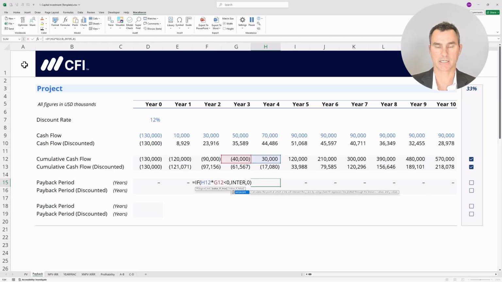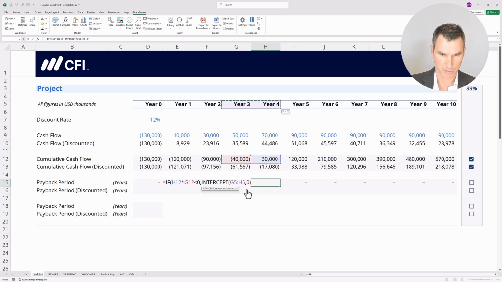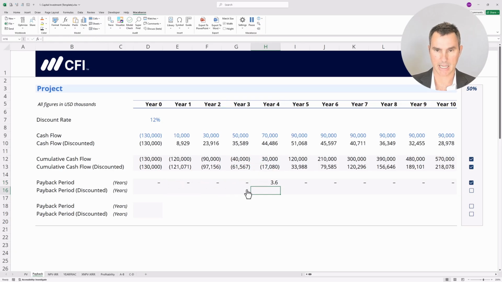We can see it come up, so we can hit tab. The first thing it wants here is the known y's. The known y's will be up here, year 3 and 4, put in a comma, and the known x's are these values right here, minus 40 million, minus 30 million. Now we can close the bracket and hit enter.